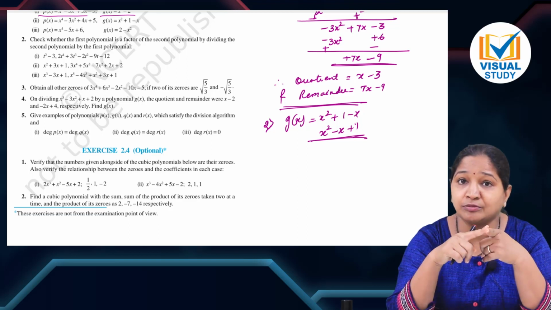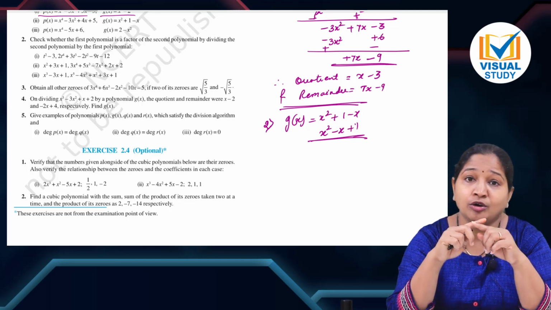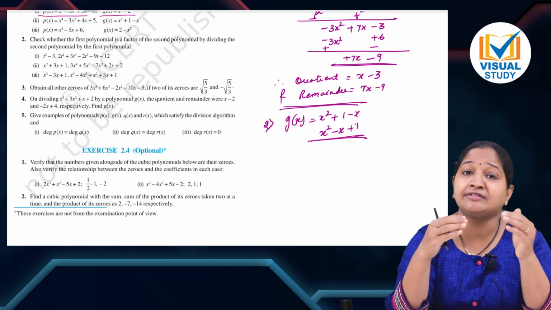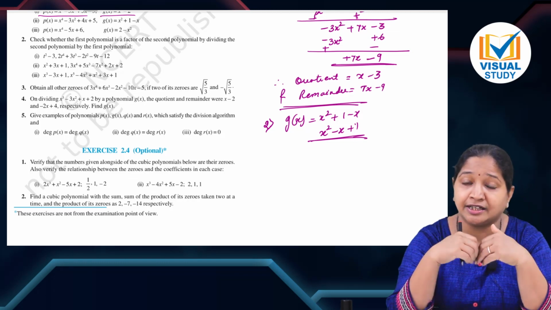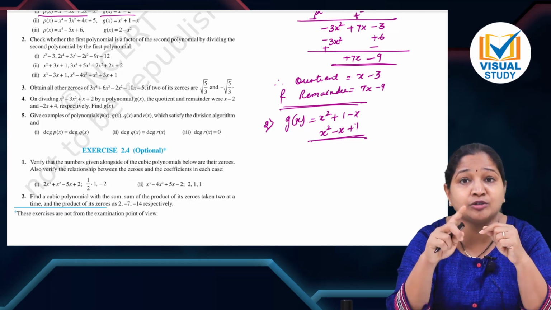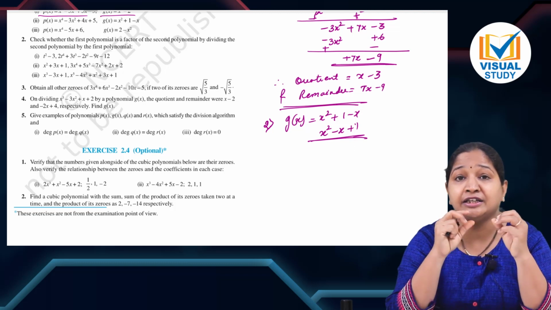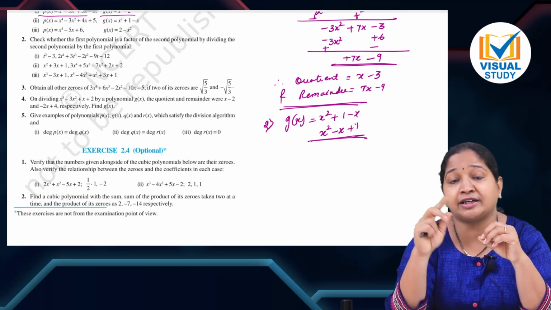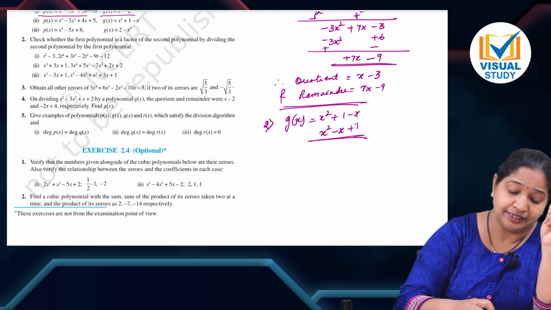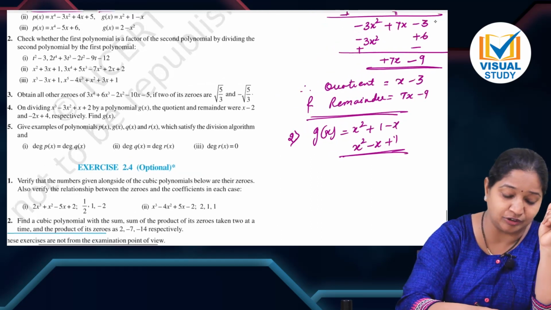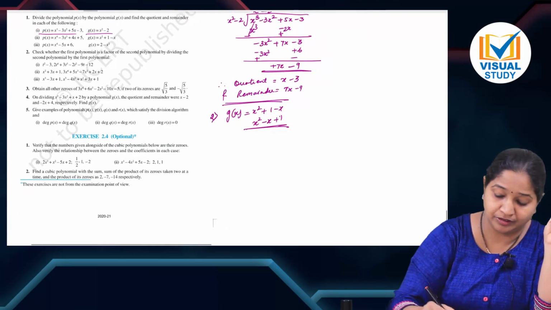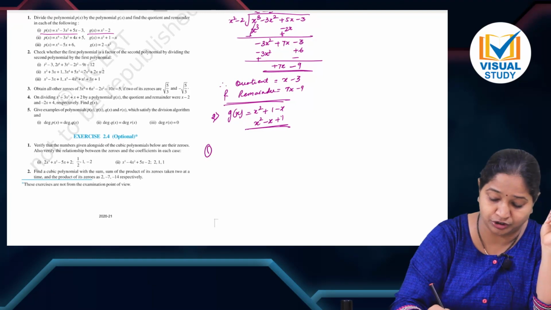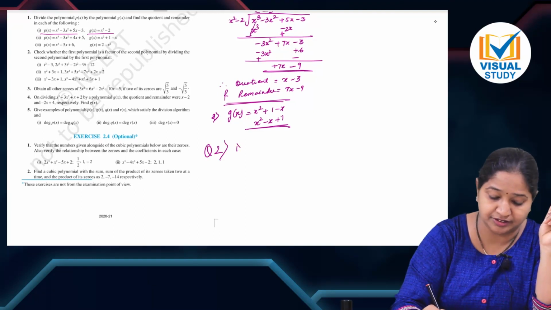If your remainder comes 0, that is all the dividend is divided by the divisor, and the remainder is 0, that means the given divisor is a factor of the dividend. Now what is our first? Question 2 first.